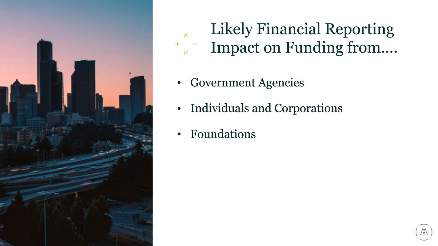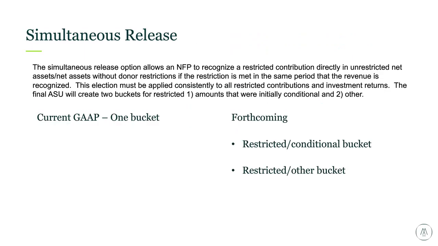This will likely have an impact on government agencies, individuals, corporations, and foundations. Something to keep in mind with individuals: there probably won't be very many times in which there's going to be a conditional gift, because with those barriers, that gift likely would not be tax deductible if there was that right of return.